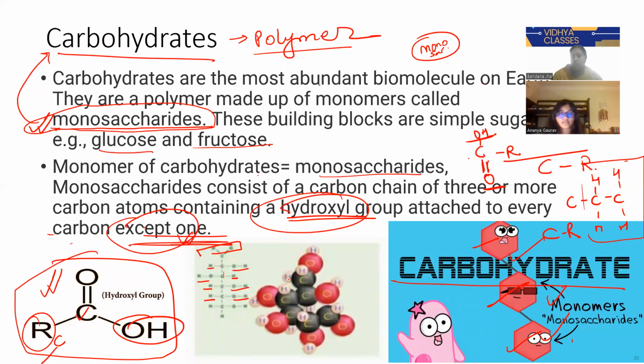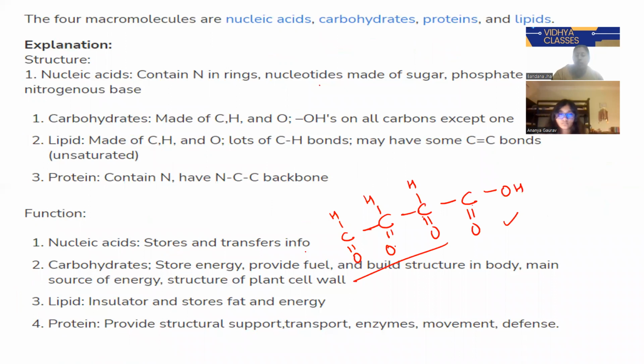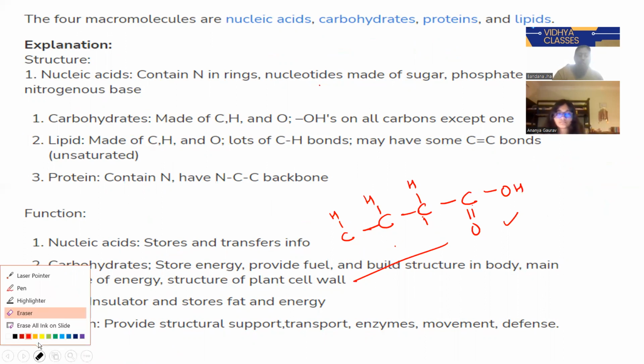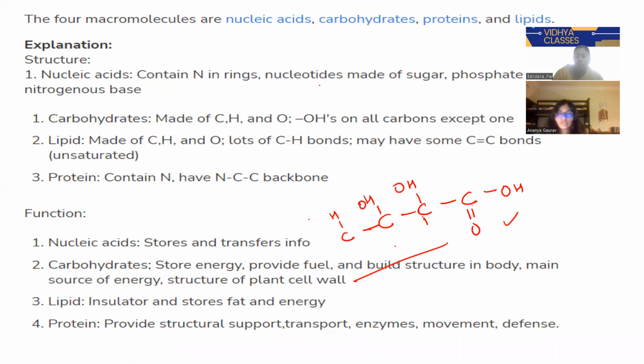With only one carbon, a double bond will be there. Rest all are OH. Here I have written wrong, sorry. It's my mistake, I made a double bond. Now it's clear. Here it will be H, like this. So there is only one.